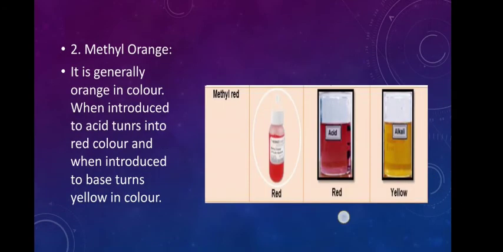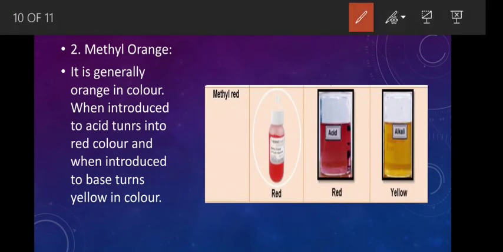Now moving on, talking about methyl orange. The next synthetic indicator is methyl orange. As the name suggests, the natural color of methyl orange is orange. Which color, children? Orange.